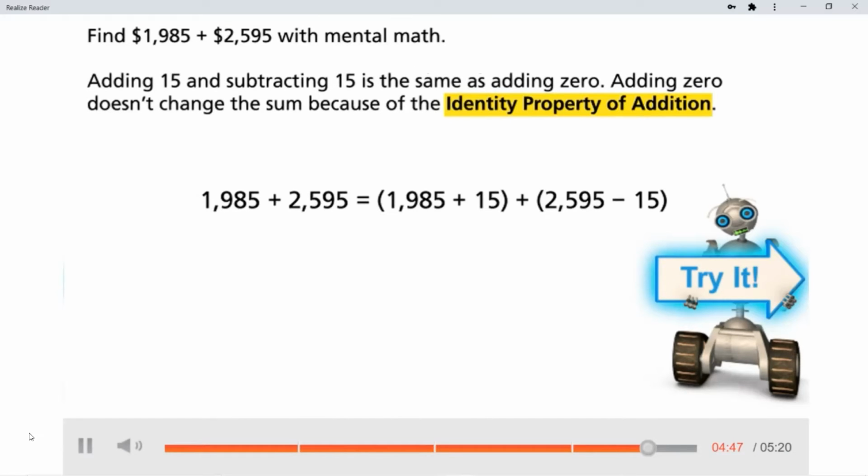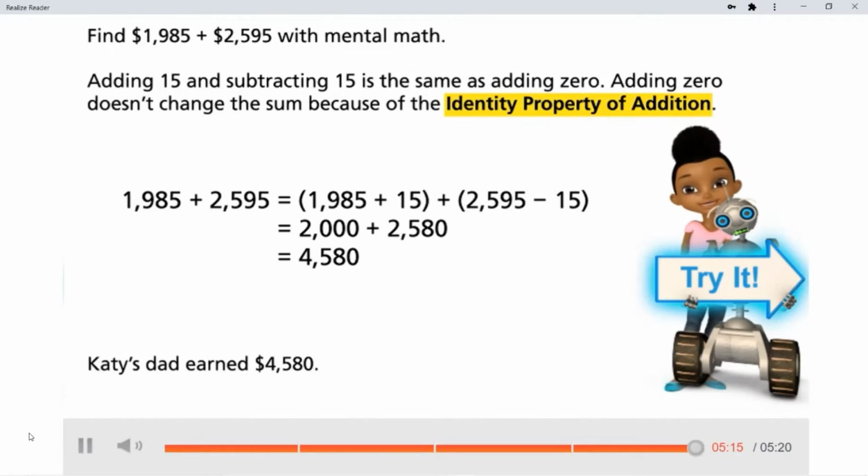Adding 15 and subtracting 15 is the same as adding 0. Adding 0 doesn't change the sum because of the identity property of addition. 1,985 plus 15 equals 2,000. And 2,595 minus 15 equals 2,580. The sum is equal to 4,580. Katie's dad earned $4,580.